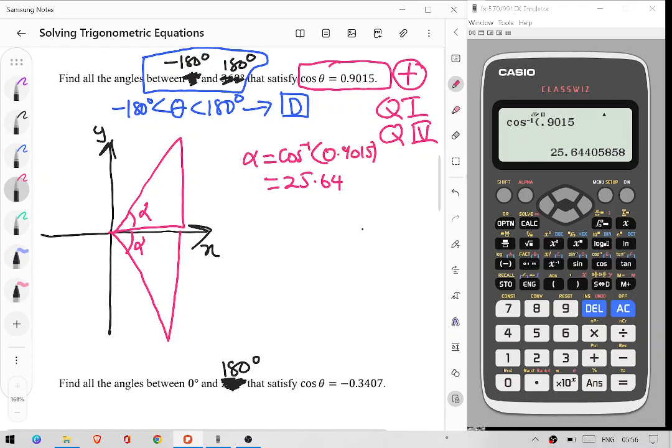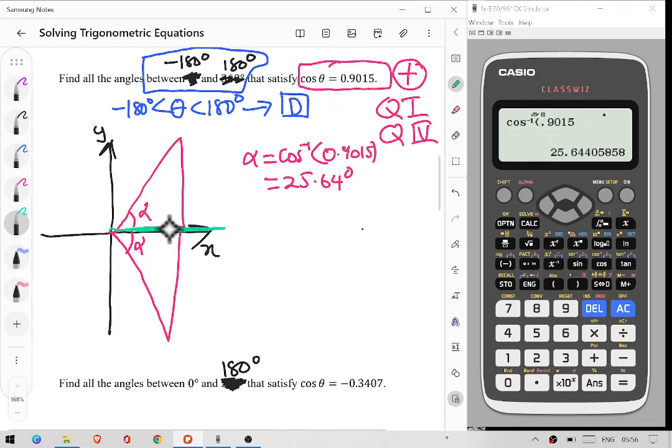Now, what are the thetas? Remember, theta must start from the positive x, and we have to go up or down according to the interval. Let's start with the first one.